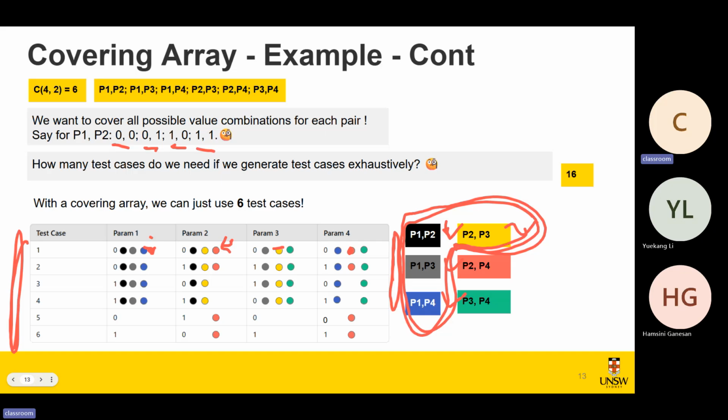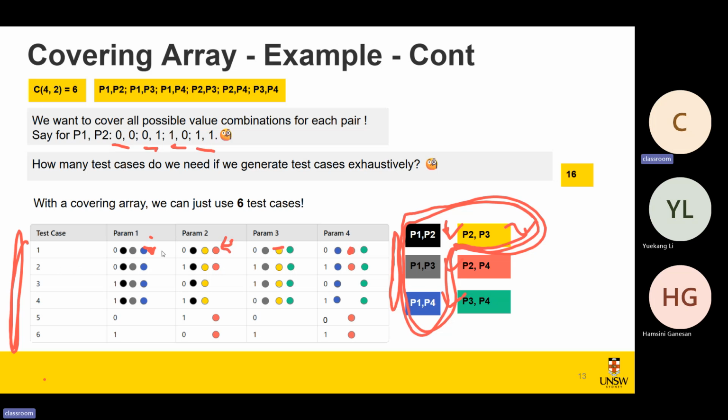But then you may think, okay, this covering array looks like it's very useful, right? We can use this covering array to determine which test cases are covering which possibilities of combinations, right? But the question is, how do we get this array here?